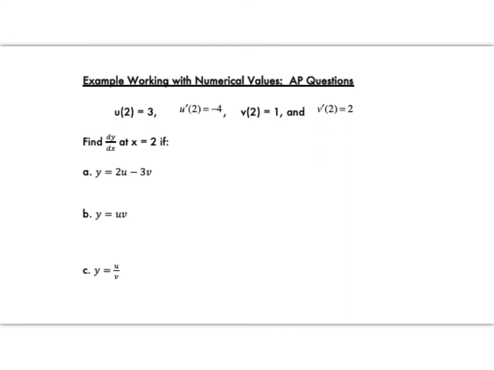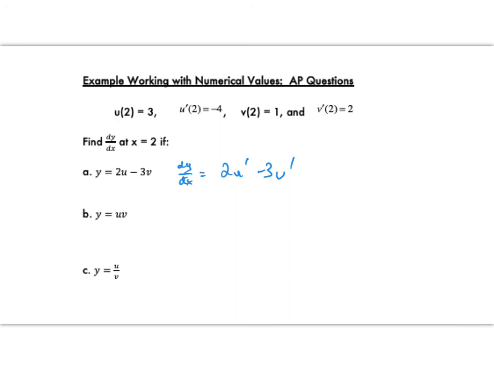All right, so I think I could probably solve these questions out, because if I'm finding the derivatives at 2 for all of these functions, well, the derivative in A by our constant multiple rule is just going to be 2 times u prime minus 3 times v prime. It's just going to be those derivatives there.